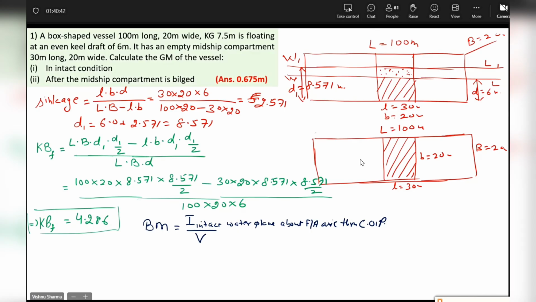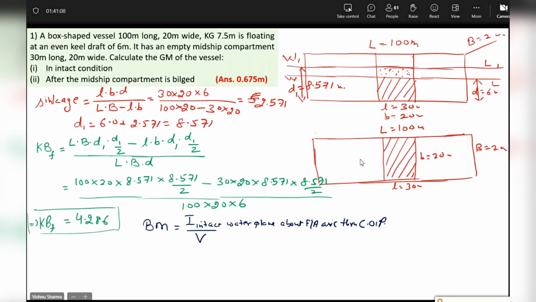LBD1, sir. What was V? What do you call V? Underwater volume. Sir, intact volume. Volume at the displacement. It was the volume of displacement, I said, and I also said volume of displacement and volume of buoyancy are the same terms.